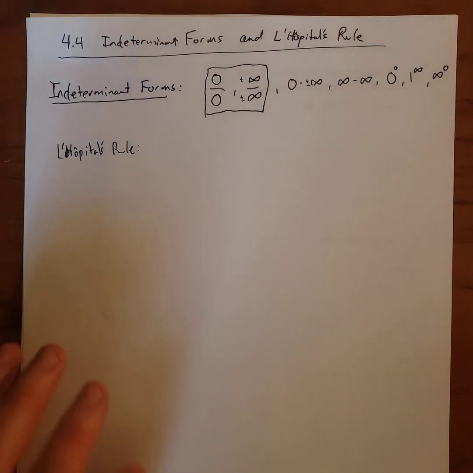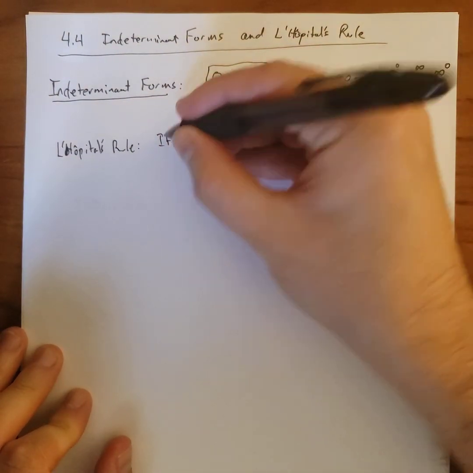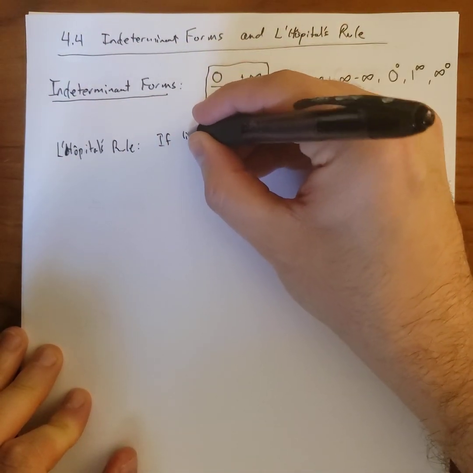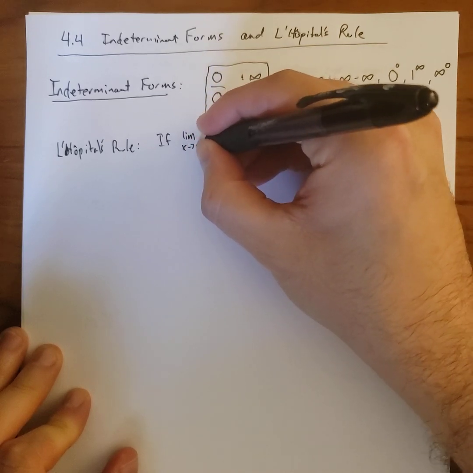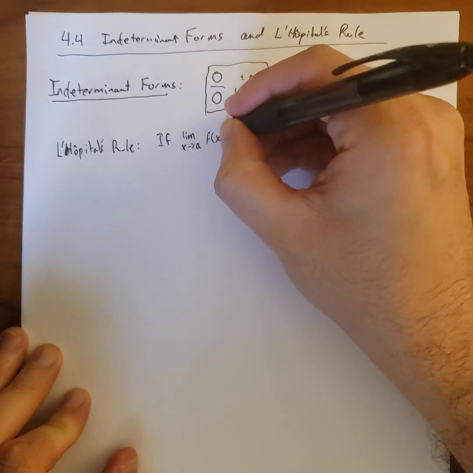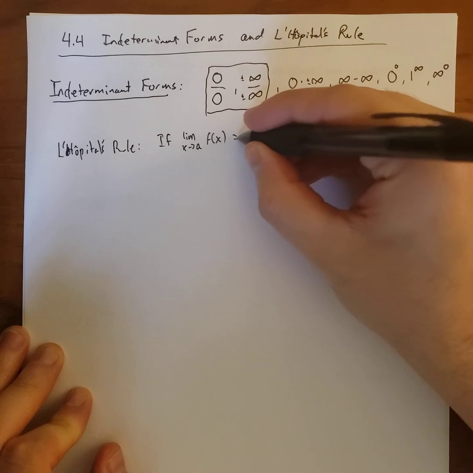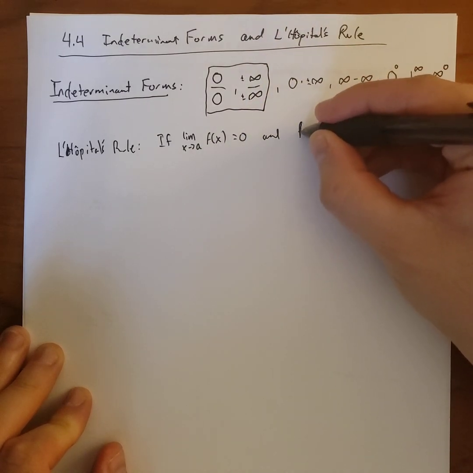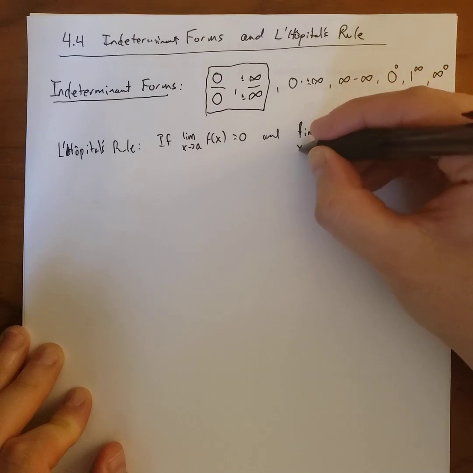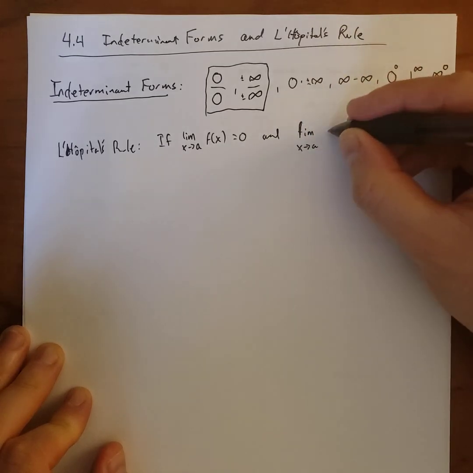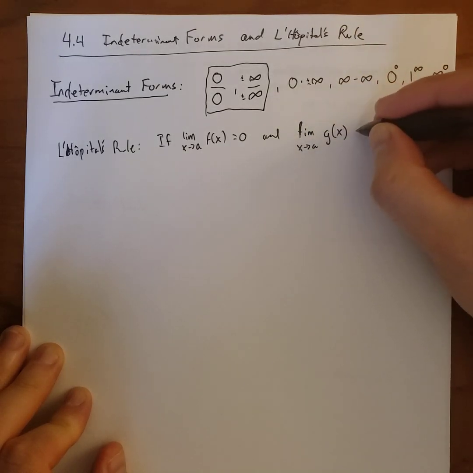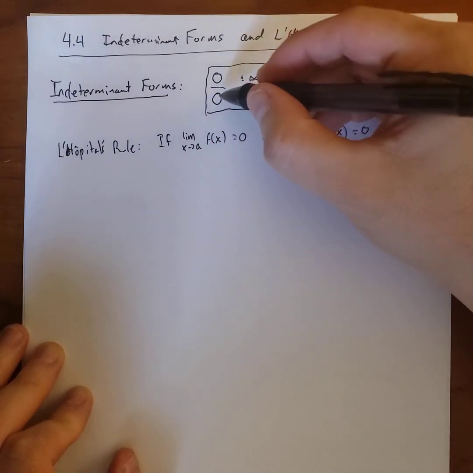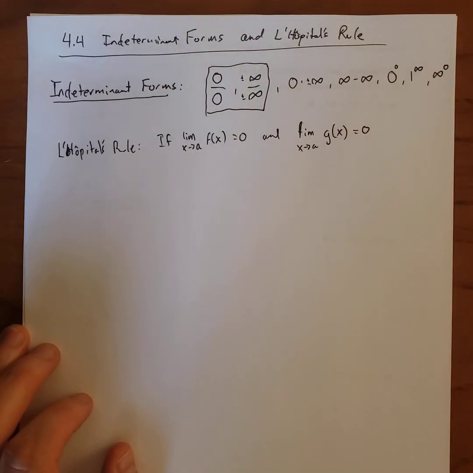So we'll start with: if the limit as x goes to a of our function f is 0, and the limit of another function g going to a is also 0. So in other words, we're getting this form if we have f over g.